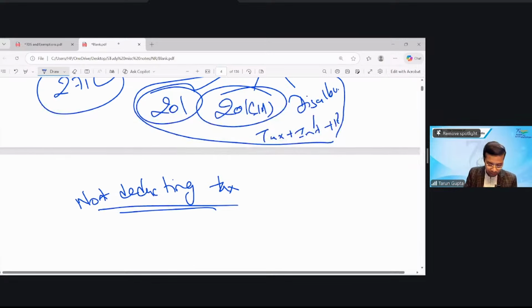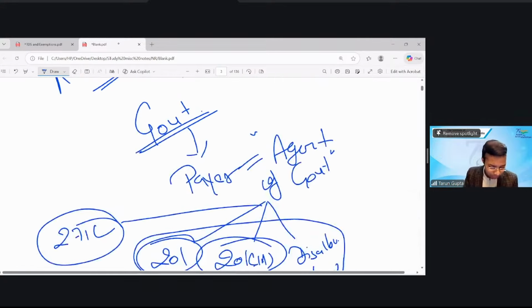Courts have said that TDS provisions are draconian provisions. My responsibility is to pay my tax. My responsibility is not to collect the tax and deposit it to you. That's your responsibility, meaning the government's. Okay.